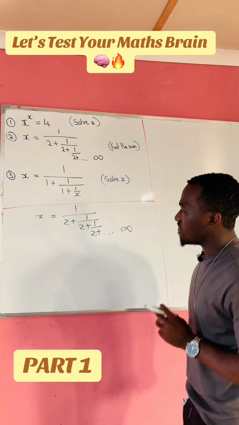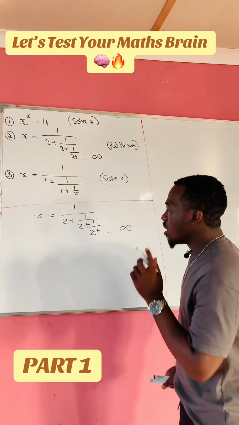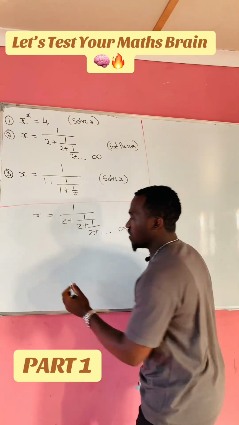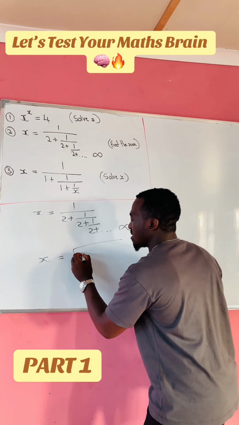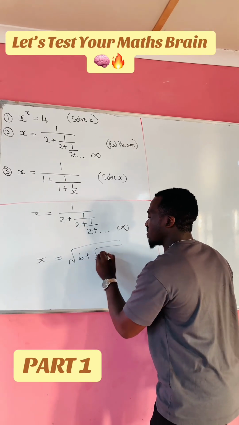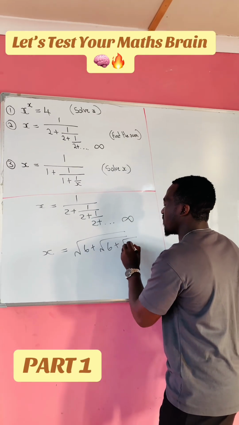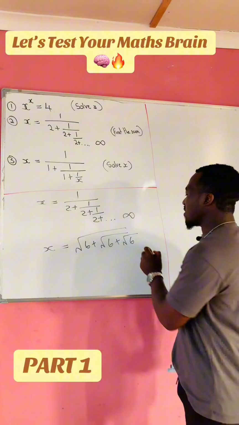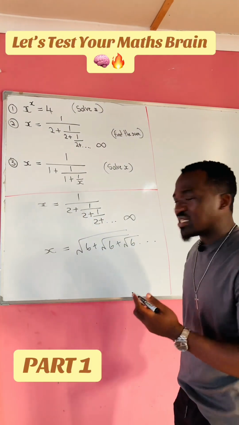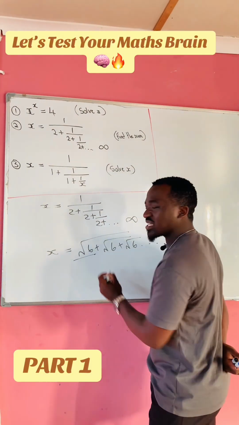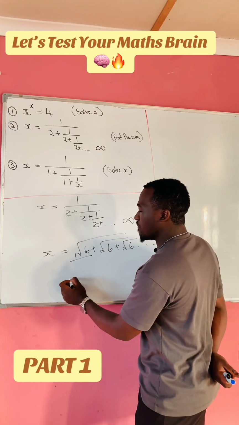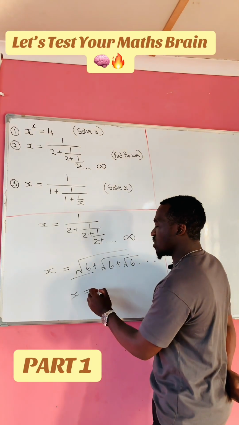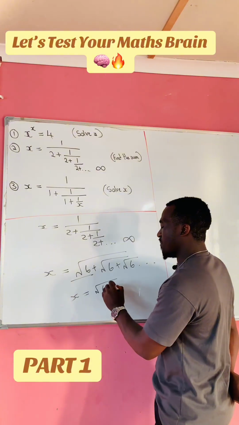Now let's think about something. If you watched the previous video, you will see that we had x equals the square root of 6 plus the square root of 6 plus the square root of 6. We ended up thinking that we know very well that our first x is simply the square root of 6, right? So we ended up having x equals the square root of 6 plus x.